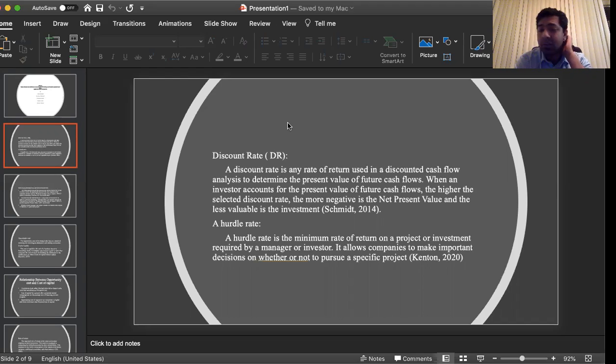Of course, you need to do some calculation of how much profit or return I'm going to make from this project. So the hurdle rate is the minimum rate of return on the total amount of money that I invested in that project.